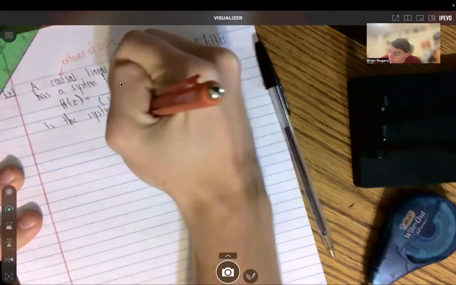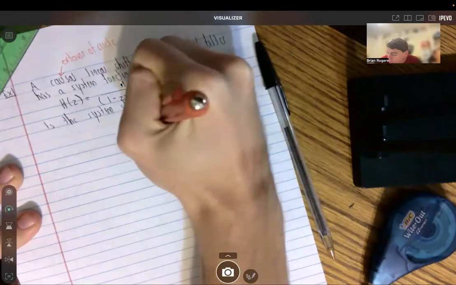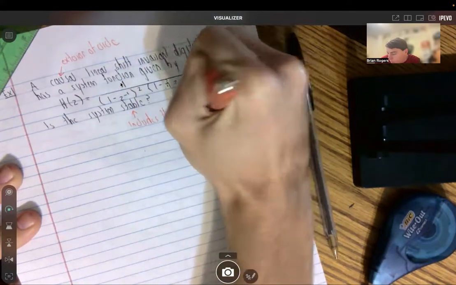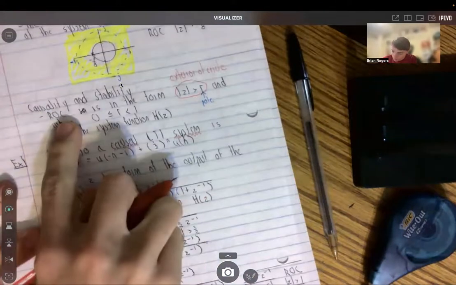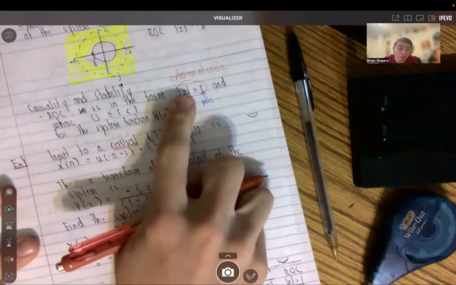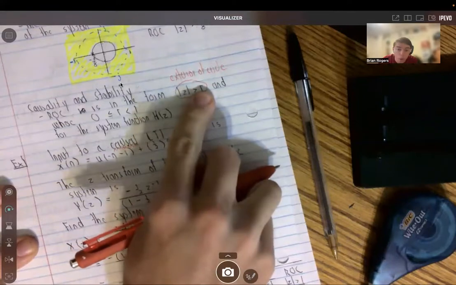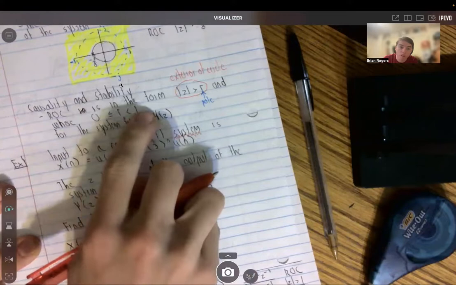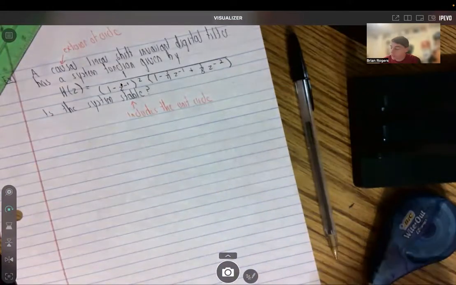And remember, when it's stable, that means that it includes the unit circle. And so when we define causality and stability, the region of convergence will be for Z greater than R, where R is your pole, and the poles must all fall between 0 and 1. So it includes the unit circle when it's the exterior of that circle.